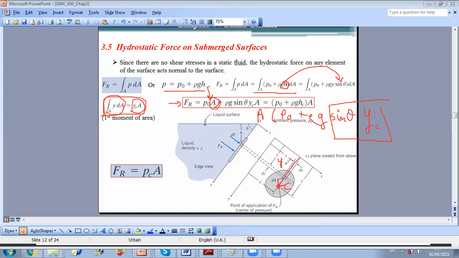This is y centroid. So if I want to look at it here, let's say the centroid is here, because we will see later that the centroid of the area is the point of application of the force. So let's say this is y of centroid.